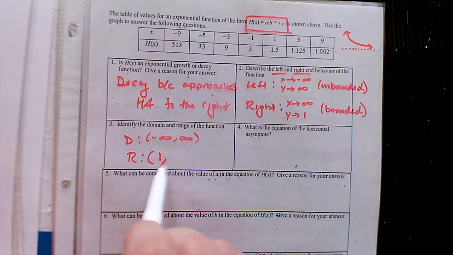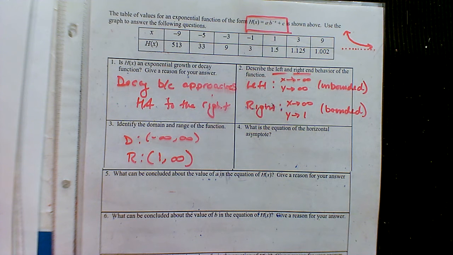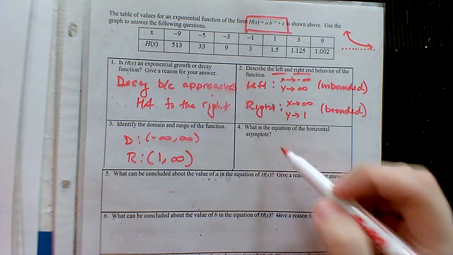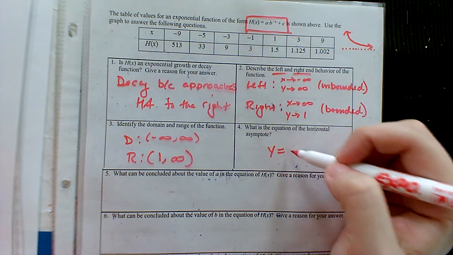Okay, so positive infinity to 1, or if we were to go in order, 1 to infinity. Good. Okay. What about the equation of that horizontal asymptote? What height, aka y value, does it have? Y equals... There we go.